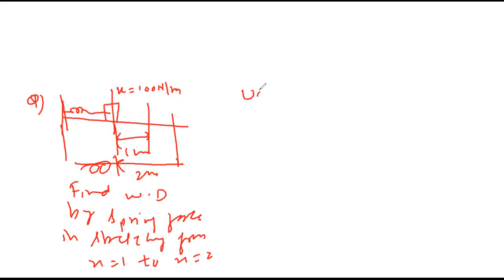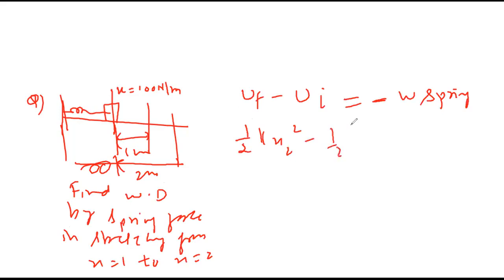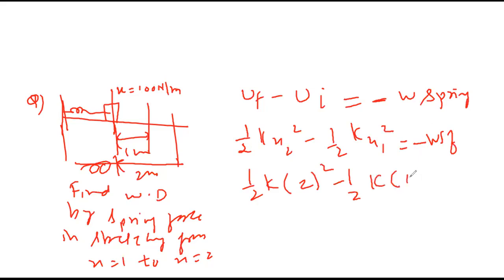So same concept, U final minus U initial is minus of work done by spring force. So half k x2 square minus half k x1 square is minus of work done by spring force. Half of k into 2 square minus half of k into 1 square equals minus of work done by spring force.